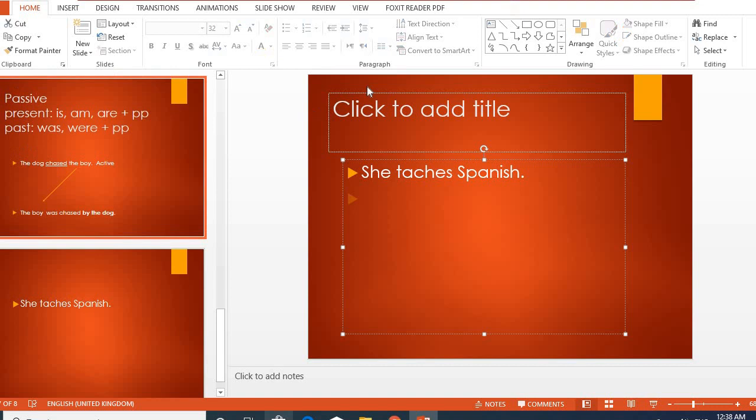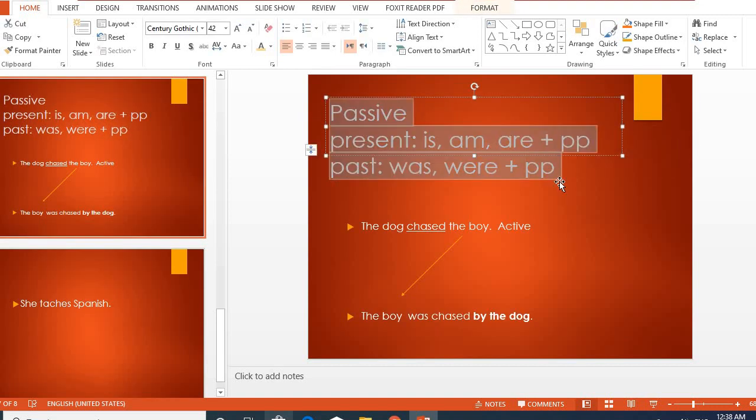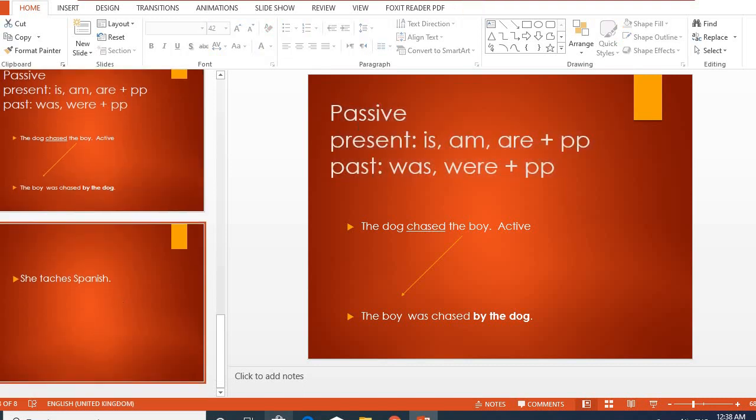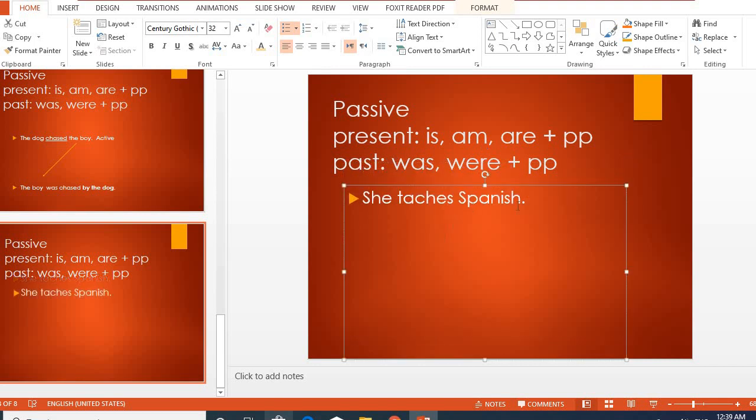Okay, let's put the rule in front of us so we don't forget it. She teaches Spanish, right? This is my active sentence. Why is it active? Because it has subject, verb, object. SVO. What do I have to take first?